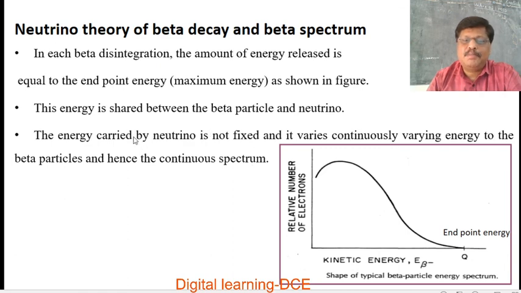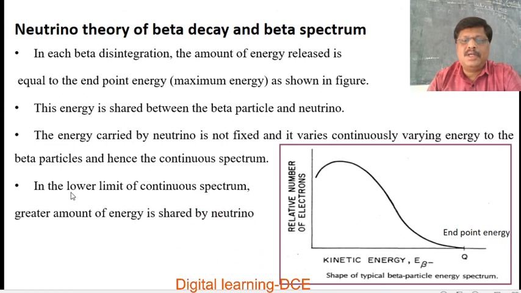So this is an important point. This continuous spectrum is explained by the presence of the third particle, that is neutrino, and also it is assumed that the energy carried by the neutrino is not fixed.